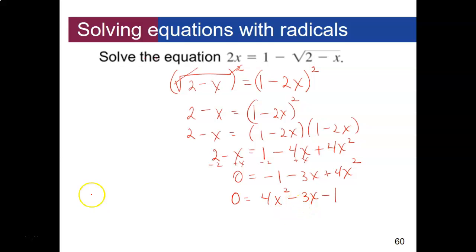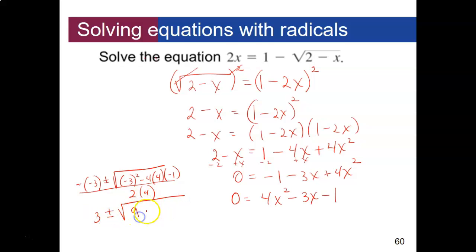Then I'm going to try to either factor this or use the quadratic formula to solve this. If we're using the quadratic formula, then we put negative b plus or minus the square root of b squared minus 4 times a times c, all over 2 times a. So it'll be 3 plus or minus the square root of 9 plus 16, over 8.